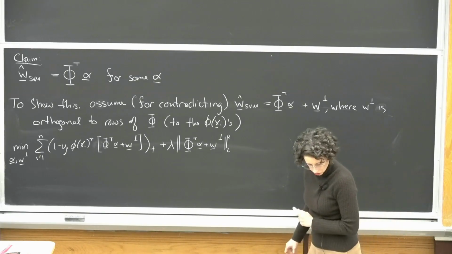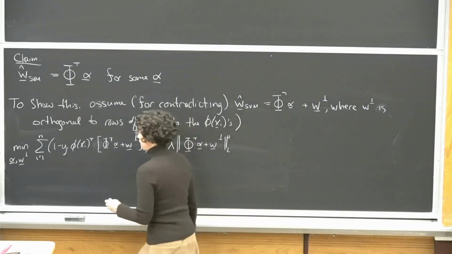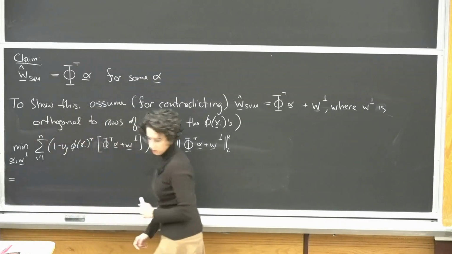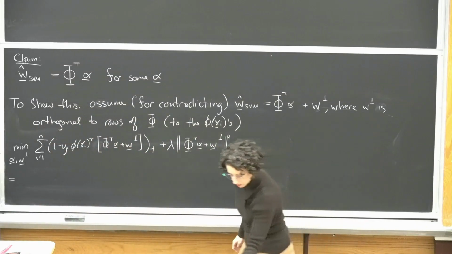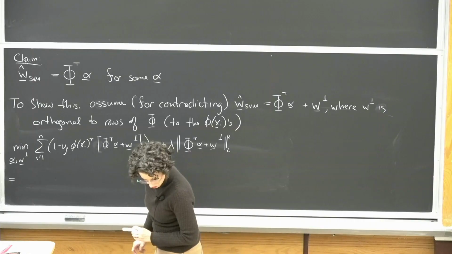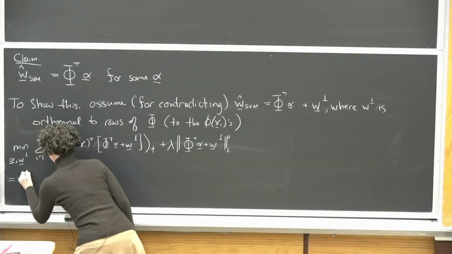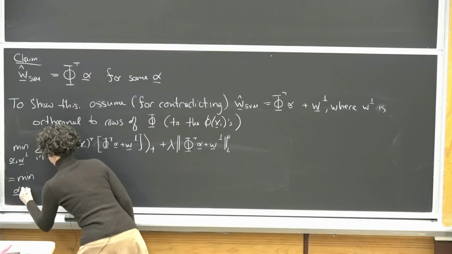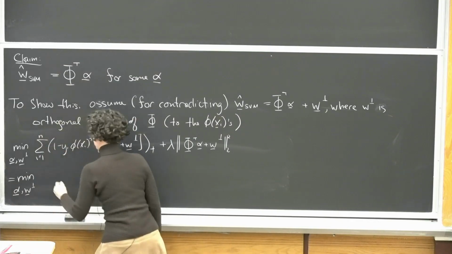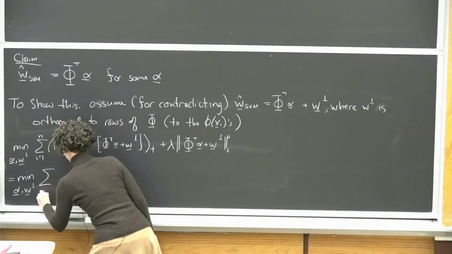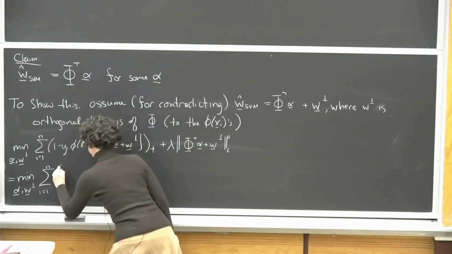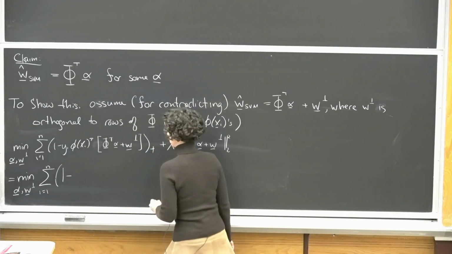Okay, and now I'm just going to unpack this a little bit to make it easier for us to work with. I'm going to write minimum over alpha and W perp, sum from i equals 1 to n, 1 minus.